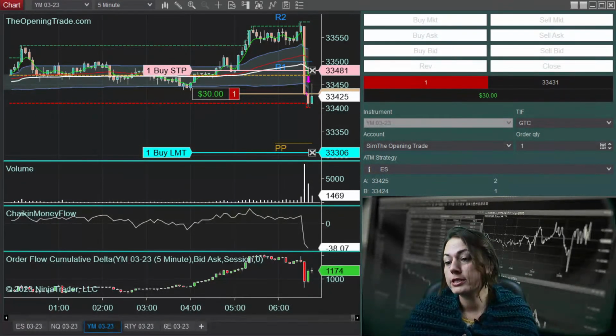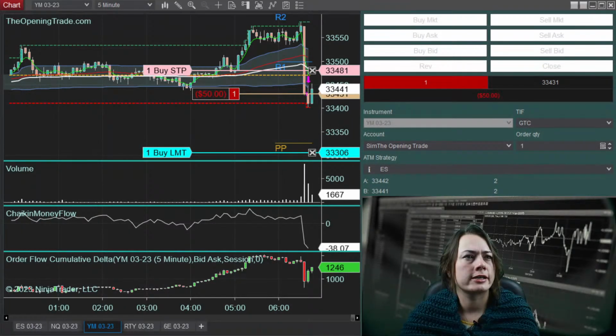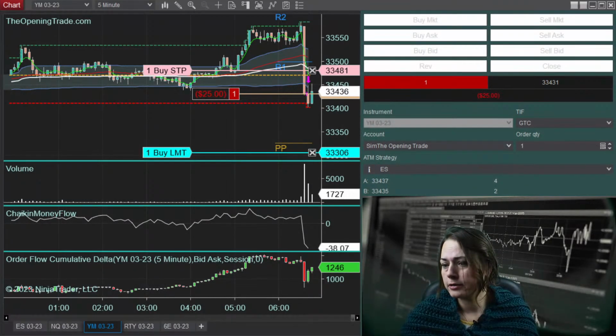Alright, so we're still in our automated trade. Also tomorrow, 10 a.m. Eastern Standard Time, the Richmond Manufacturing Index report will be released. That is all the reports coming out tomorrow.